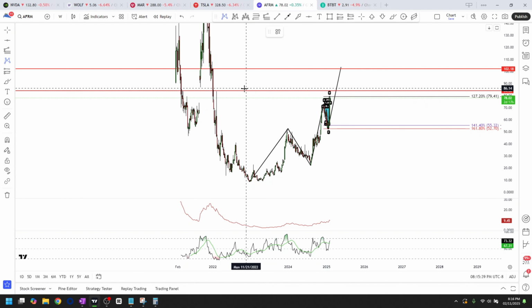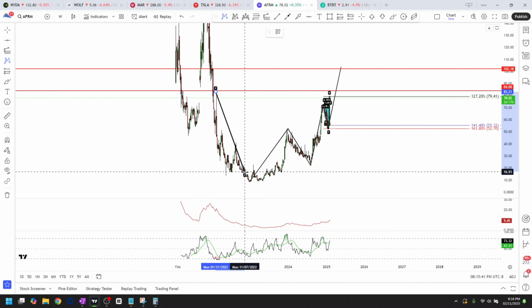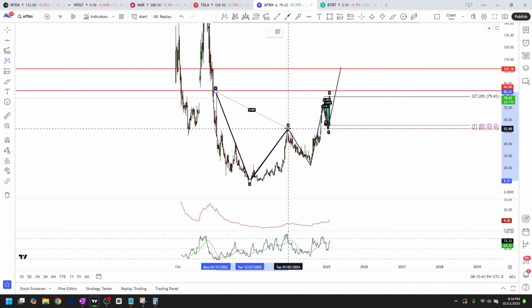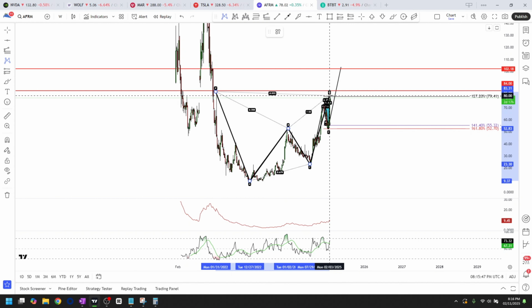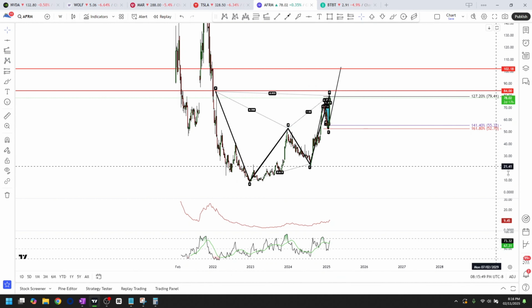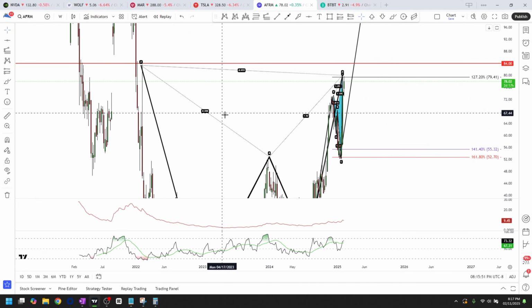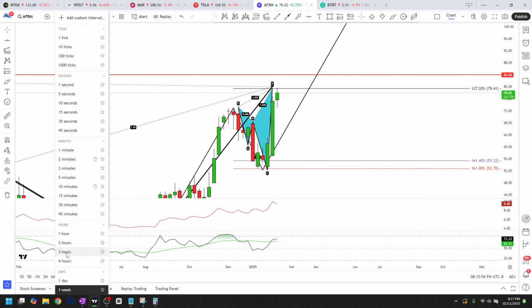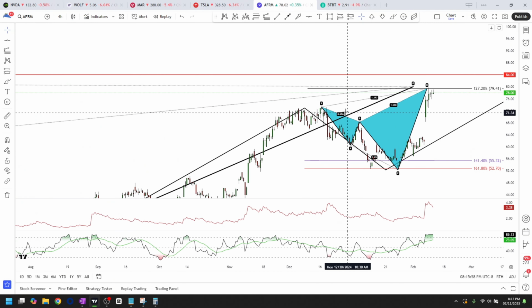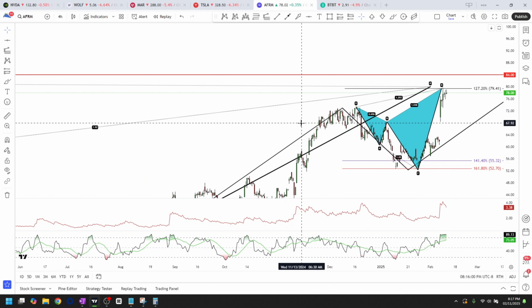We have the Shark up there, and the Shark is actually combined with an overall larger Bat that completes right in the same place. I think that's pretty cool, so just jump back and go find that guy too. Anyway, where were we at? We were on 4 hour. I'm going to take him off. I don't need him.